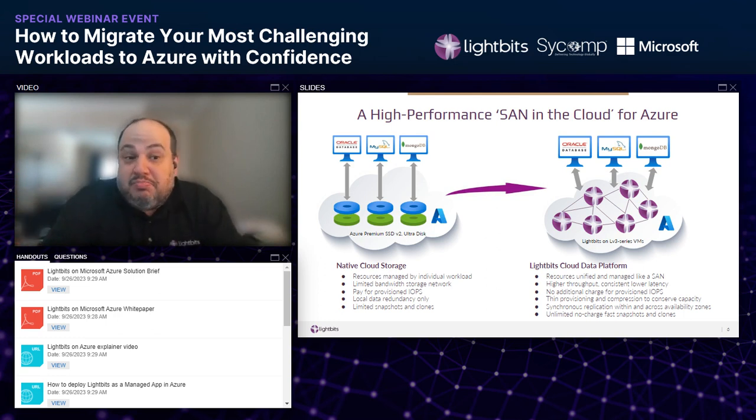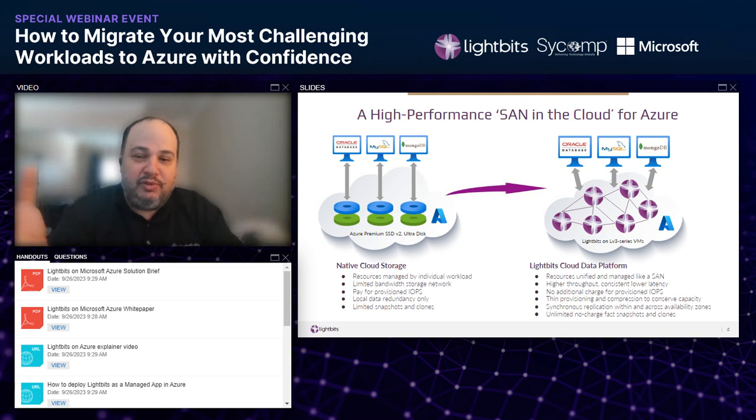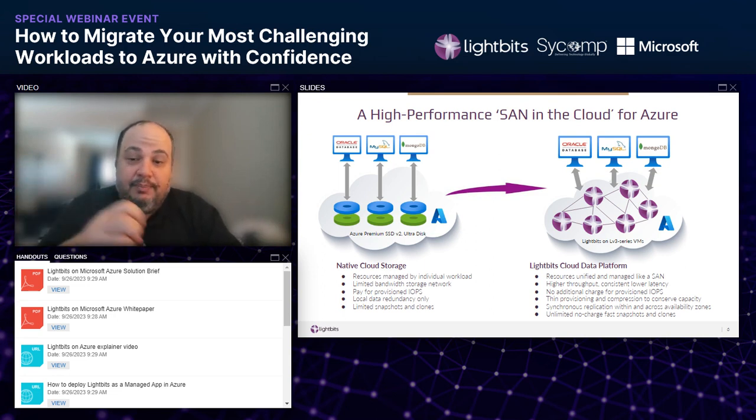That means you can provision a few very big volumes to your application, 10 volumes each with 1 million IOPS, or you can provision thousands of volumes that may be small, and each of them just doing 10K IOPS or 100K IOPS. You have all this bulk, you have all the capacity, you have all the performance, and you decide how to split it, how to provision all this across your applications.